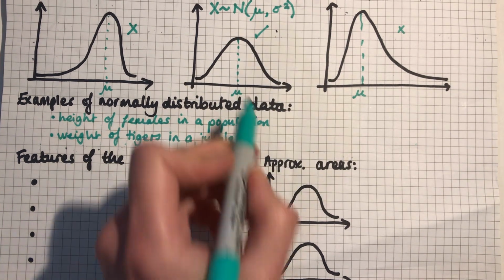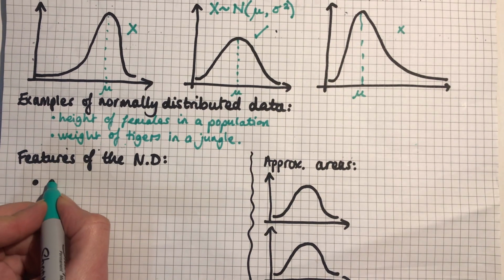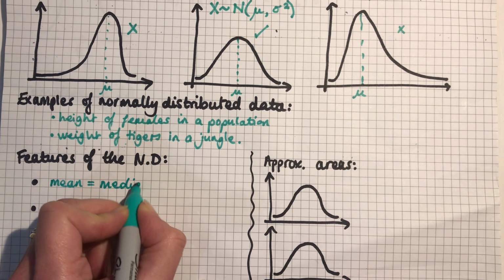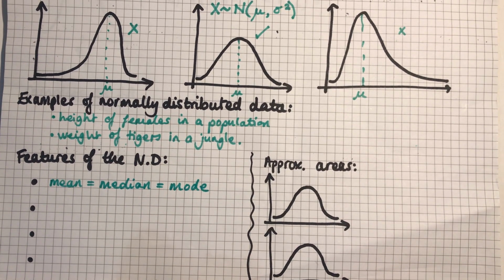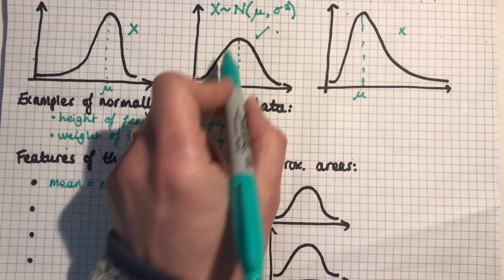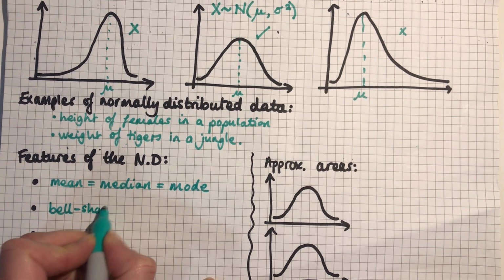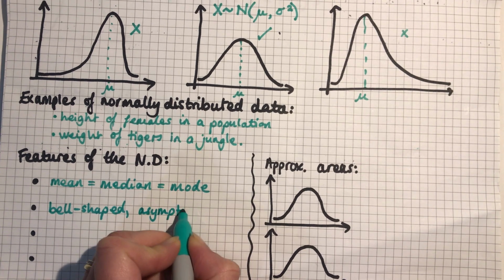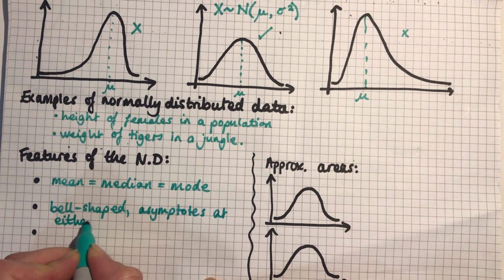The idea of the symmetry, more specifically, is this: the mean of the distribution and the median and the mode are all the same value. Now, we know we have a bell-shaped curve with asymptotes at either end, so let's make a note of that. Bell-shaped with asymptotes at either end.